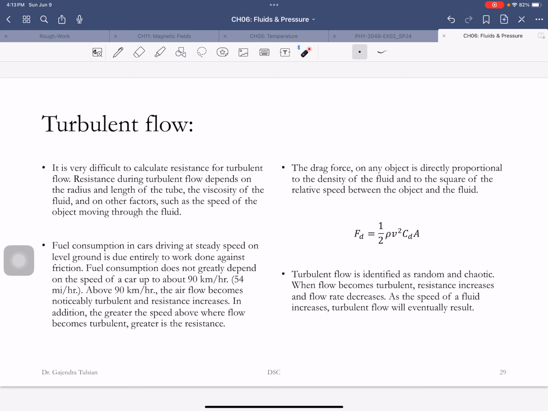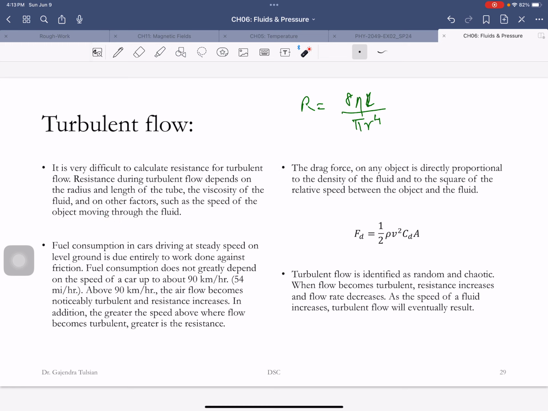So you saw that for laminar flow, the expression for resistance was 8 eta L divided by pi r to the power 4. But for turbulent flow, you don't have any formula like this. Resistance during turbulent flow depends on the radius and length of the tube, the viscosity of the fluid, and other factors such as the speed of the object moving through the fluid, and other factors.